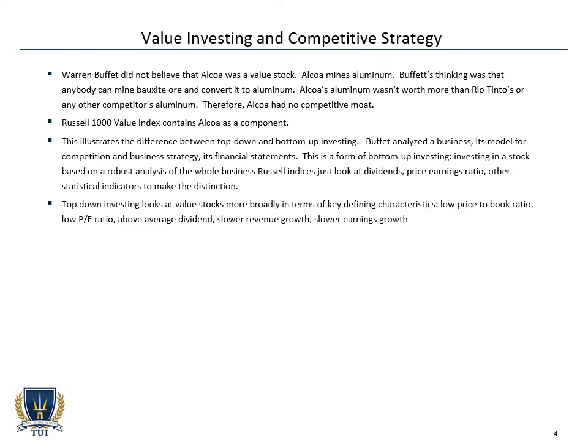So he saw a banana company or an orange company or a timber company the same way, because one company's timber isn't worth more than another's generally. So there's no real competitive advantage. And he saw the same thing in materials companies like US Steel and Alcoa. He would never call them value stocks, but they are nonetheless in the Russell 1000 Value Index because they meet all the quantitative criteria of a value stock.